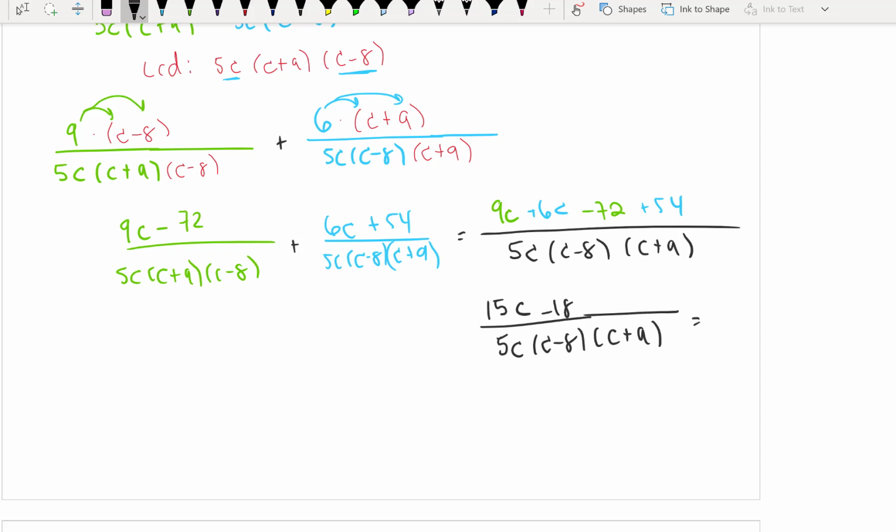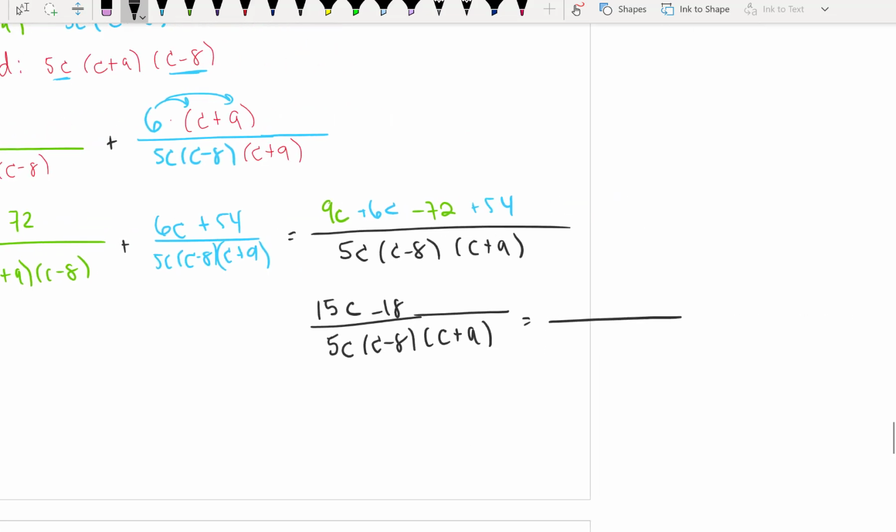And so what I can do to take this a step further is that 15 and 18, they have a GCF. That would be a 3. So you're left with 5c minus, and 18 divided by 3 is 6, and you have your 5c, c minus 8, and c plus 9.